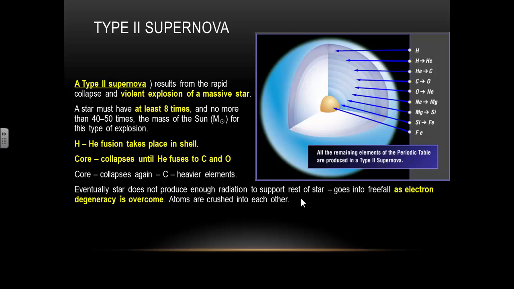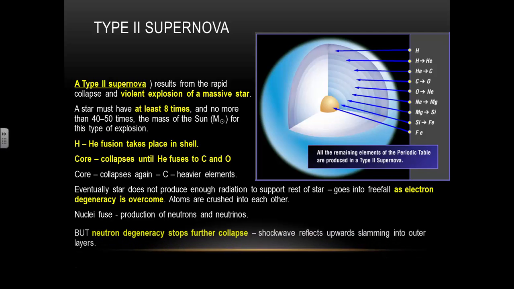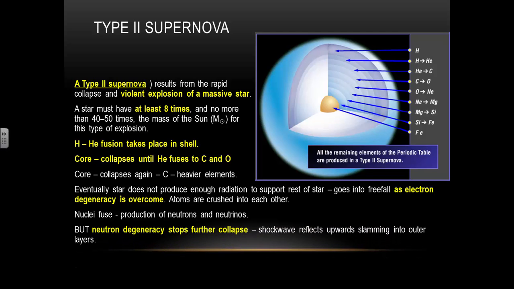So what happens is the electron degeneracy is overcome, atoms are crushed into each other, and the nuclei basically fuse together, and you get this massive production of neutrons and neutrinos. But as it falls and gets to the smallest point, the neutron degeneracy stops further collapse.